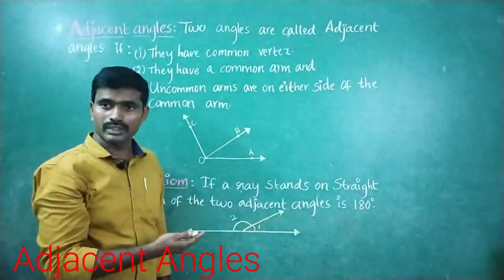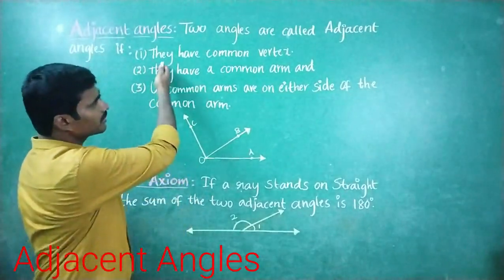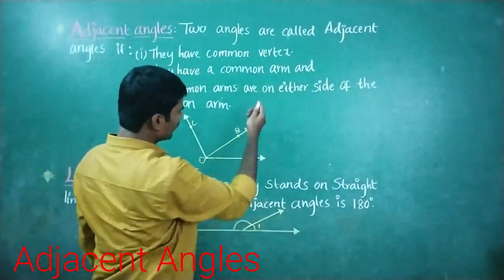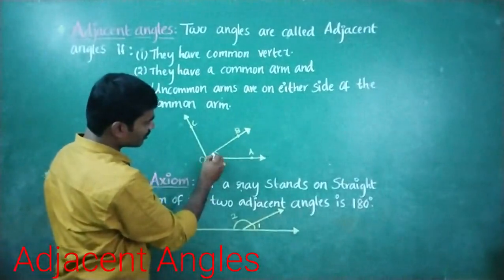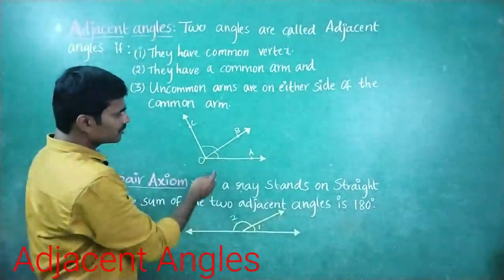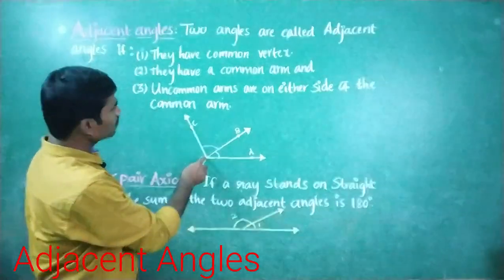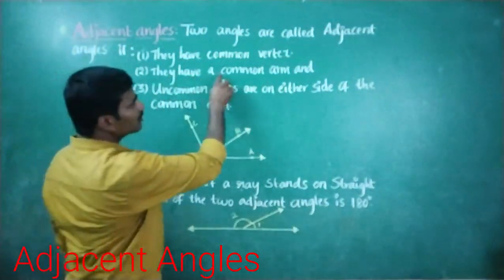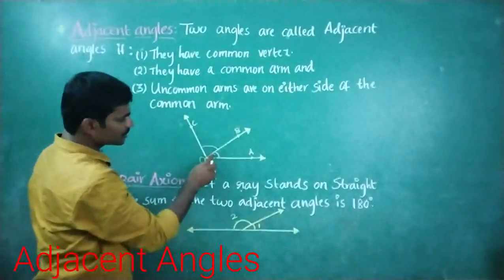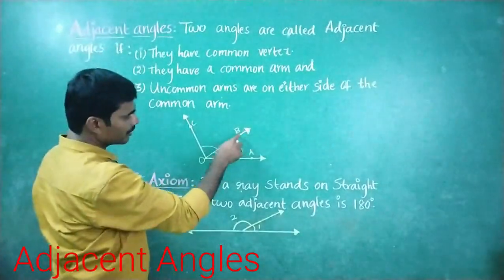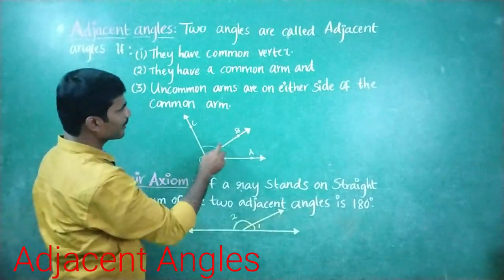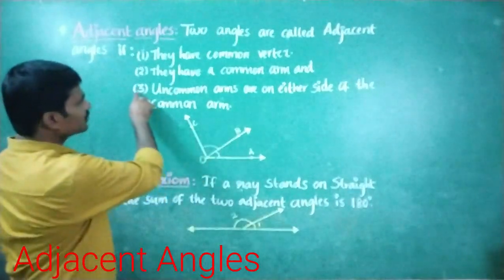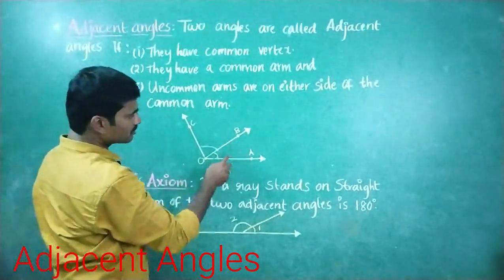if they have some properties. First, they have a common vertex. Here are two angles, and these two angles have a common vertex. They have a common arm, that means a common ray. And third, uncommon arms.